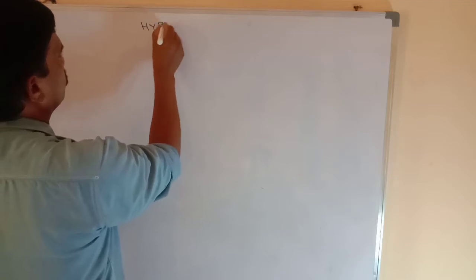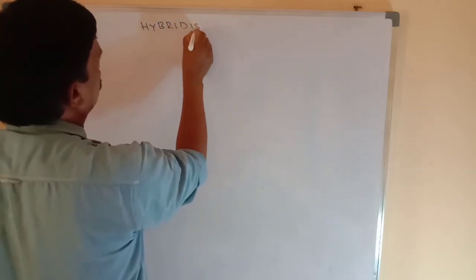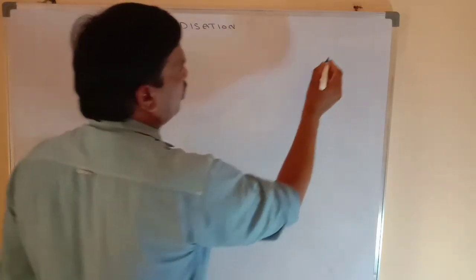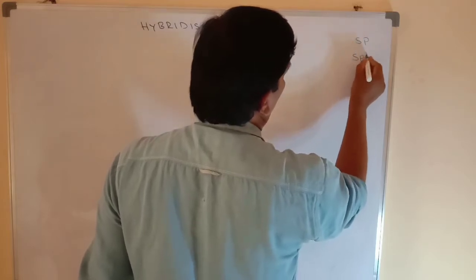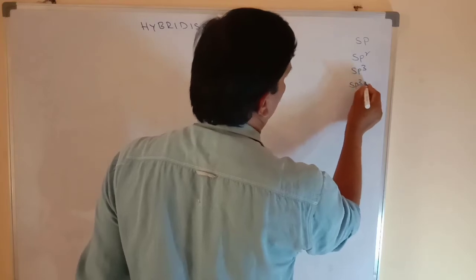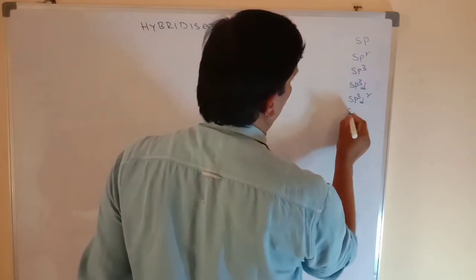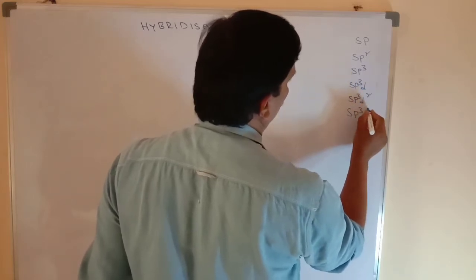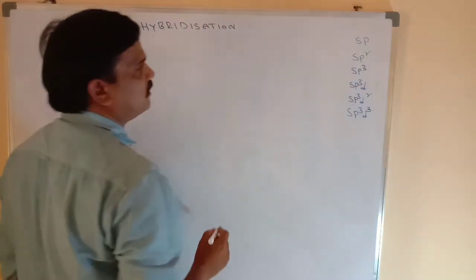Hybridization. Already I discussed sp, sp2, sp3, sp3d, sp3d2 and sp3d3 hybridization. These are the 6 hybridizations.